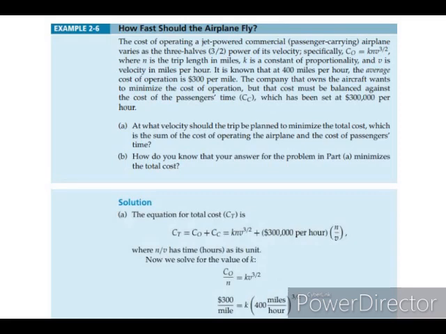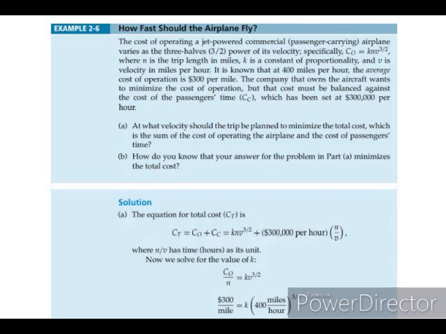Specifically, C sub O is equal to k n v raised to 3 halves, where n is the trip length in miles, k is a constant of proportionality, and v is velocity in miles per hour. It is known that at 400 miles per hour, the average cost of operation is $300 per mile.